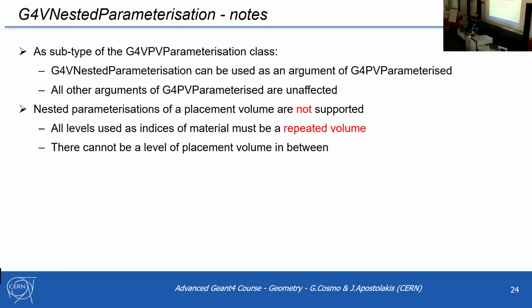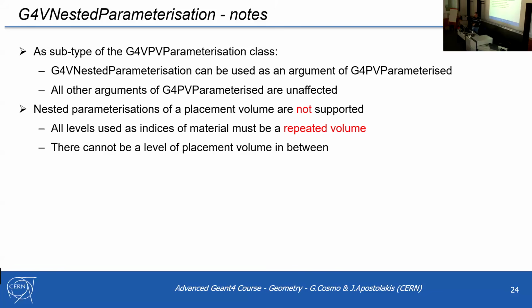As I was mentioning before, the nested parameterization class is like a normal parameterization. So when you use that in a parameterized volume, it respects the same interface. So therefore, it will not make any difference between the two. All the other arguments of the parameterised volume are unaffected, in a sense.